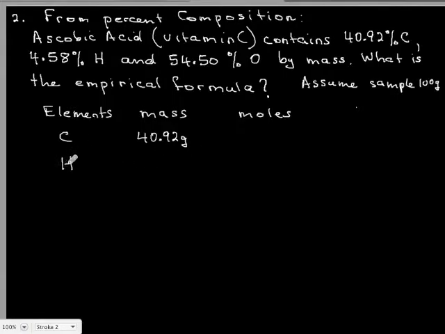Similarly, hydrogen will be simply 4.58 grams, and oxygen will be 54.50 grams. And then converting it to moles, you simply want to divide by molar mass or atomic mass. Let's just use 1 here, and let's use 16 here.